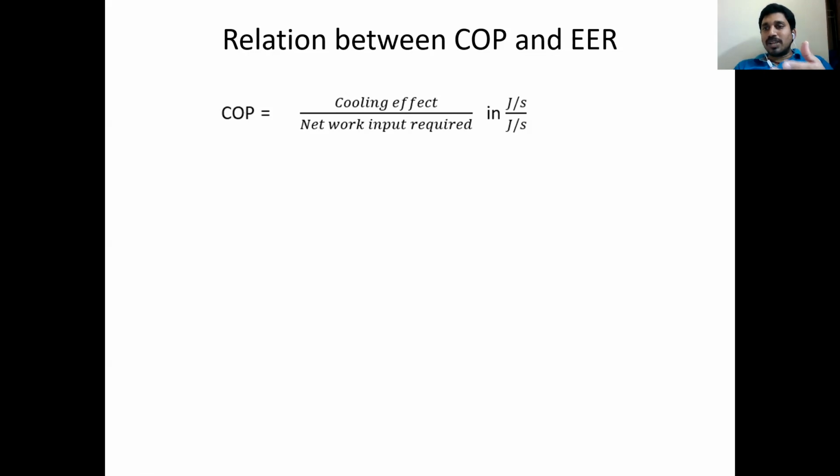Here I am writing in terms of joules for numerator and denominator. There is no change here. This is only an assumption. There is no change unit-wise. Seconds will cancel in the equation, so I can also write in terms of joules like this: joule by joule.